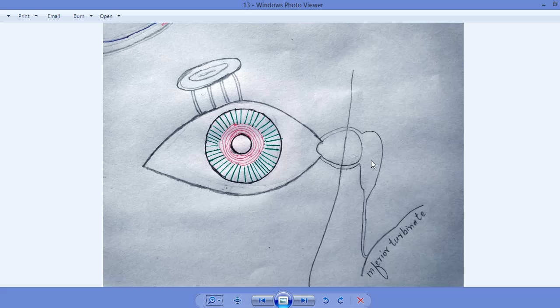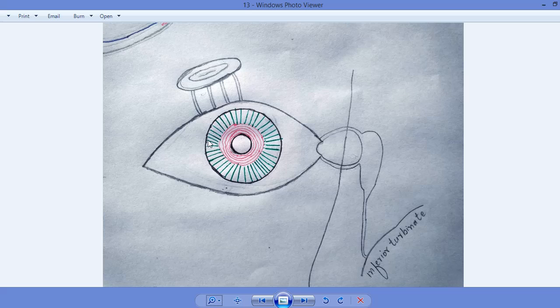So in this condition, when the nasolacrimal duct gets blocked and the swelling of this lacrimal sac happens, the tears are unable to enter this lacrimal duct anymore. So what happens? The tears drip out of the eye through the eyelashes, through the lower eyelid.